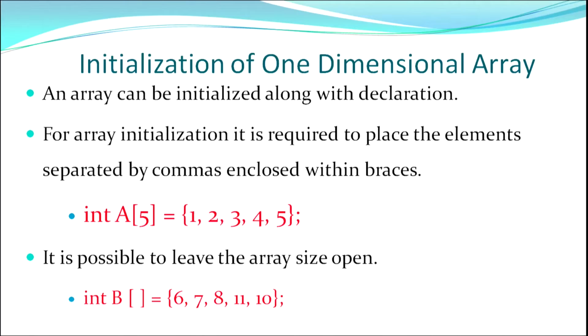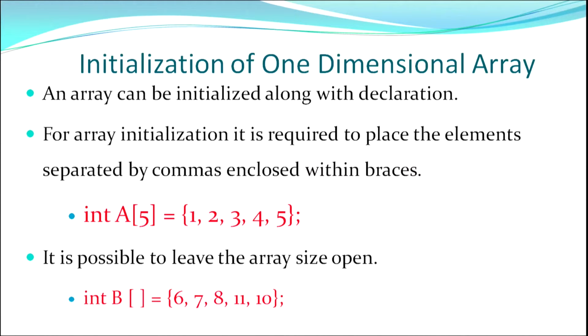Now, we talk about initialization of a one-dimensional array. Initialization means giving an initial value during the declaration of an array. Just as variables created with fundamental data types can be initialized, an array can also be initialized during declaration.